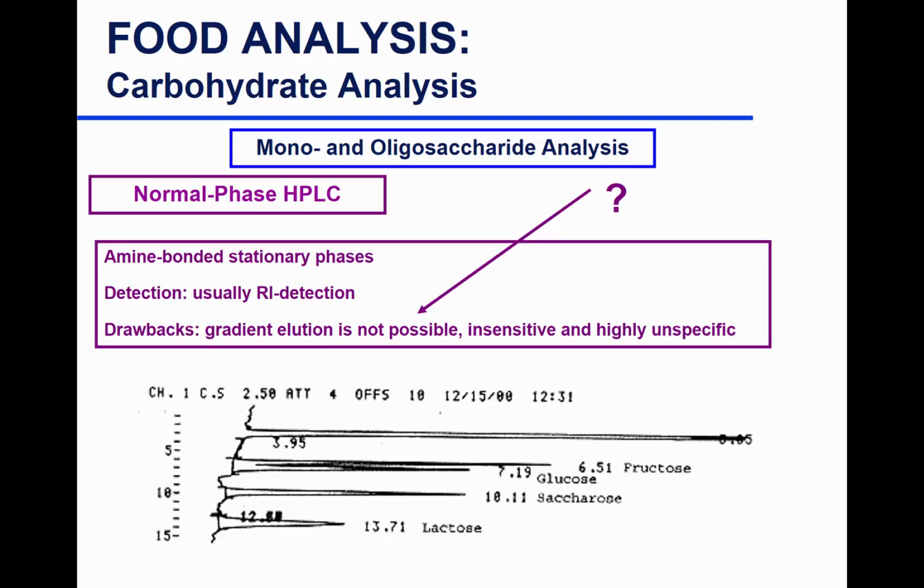The order of elution usually starts with monosaccharides, then disaccharides, and then oligosaccharides. Because it's based on hydrogen bonding interaction, a monosaccharide has a certain number of OHs, a disaccharide has more OHs, and an oligosaccharide more OHs. So there are more groups forming hydrogen bonds with your column, and they will be retained longer on your column.